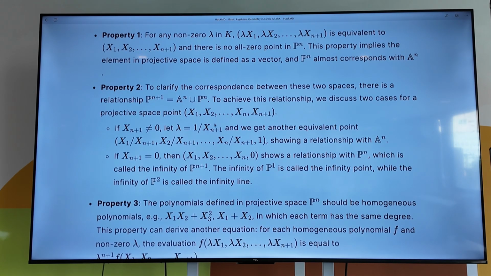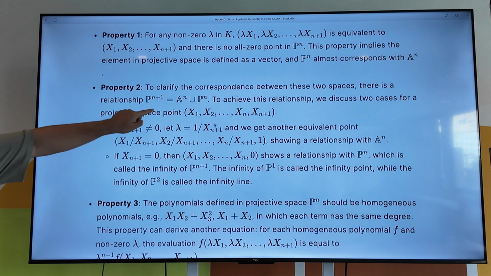And property 2 is the relationship between the same-dimension affine space and projective space. There is a relationship here as shown.